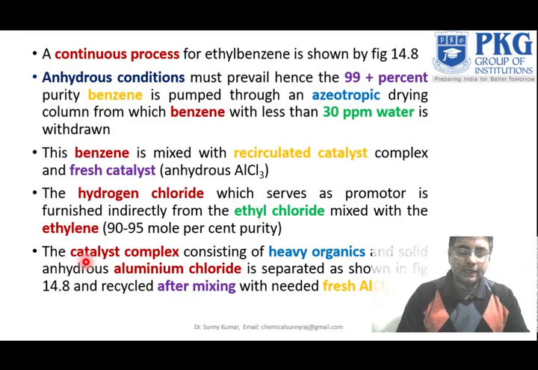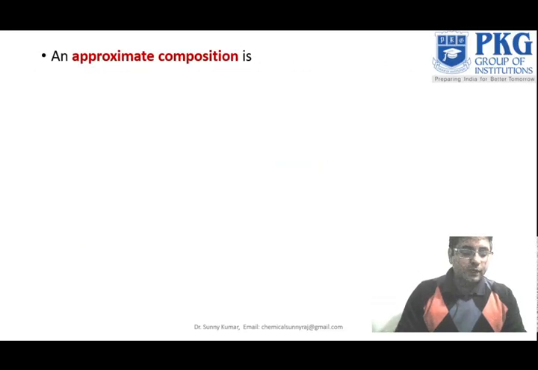The catalyst complex, consisting of heavy organics and solid anhydrous aluminum chloride, is separated, as we have seen in Figure 14.8, and recycled after mixing with the needed fresh aluminum chloride. The fresh aluminum chloride catalyst enhances the production of ethylbenzene.